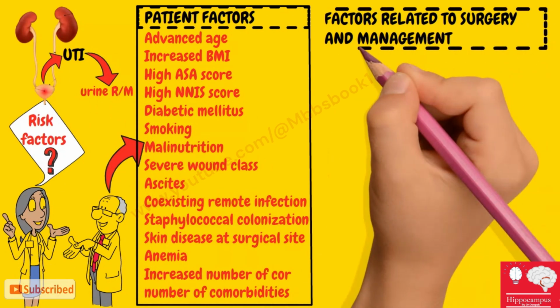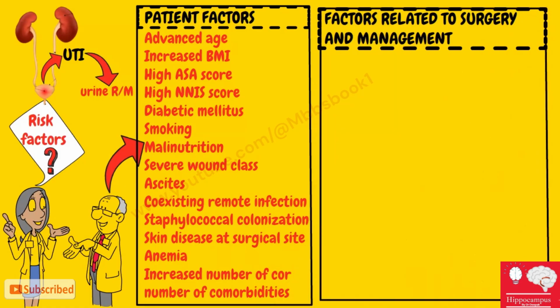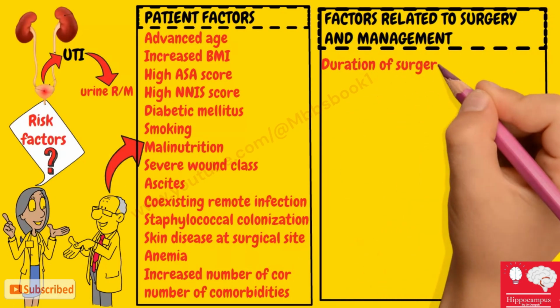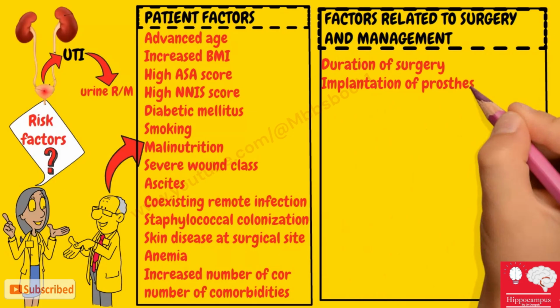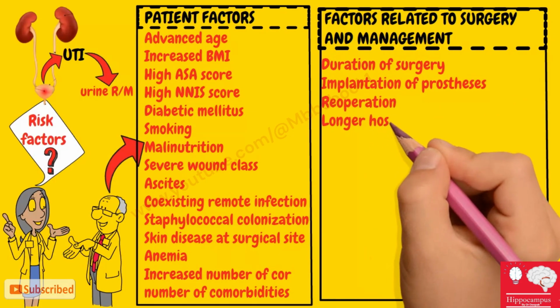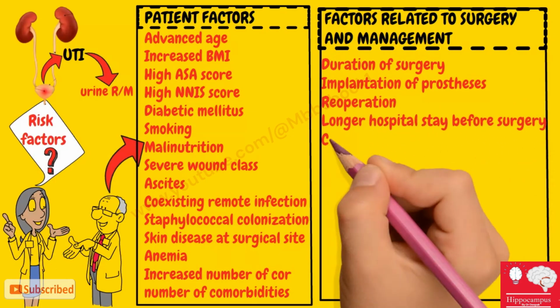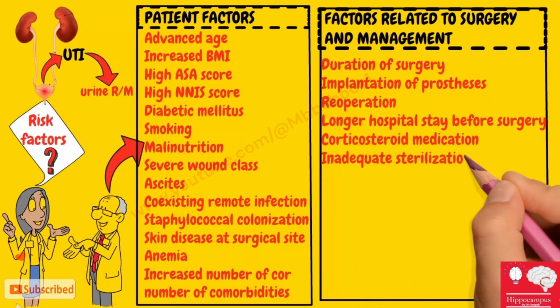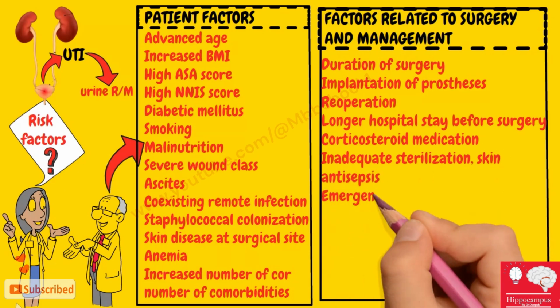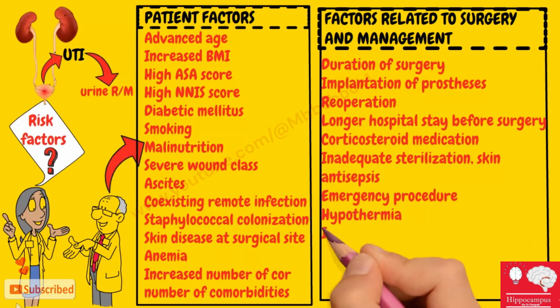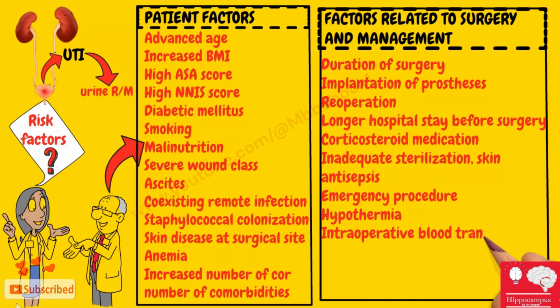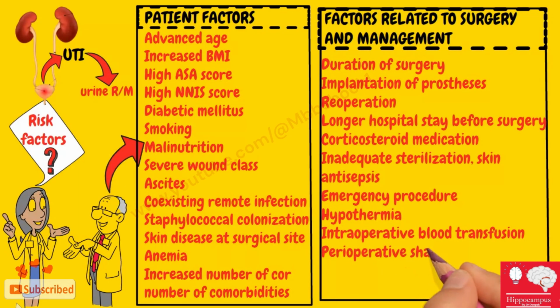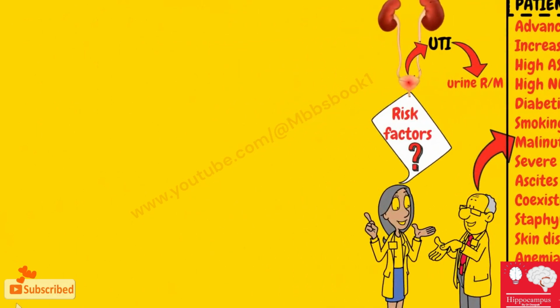Next, the factors related to surgery and management: duration of surgery, implantation of prosthesis, reoperation, longer hospital stay before surgery, corticosteroid medications, inadequate sterilization and skin antisepsis, emergency procedure, hypothermia, intraoperative blood transfusion, perioperative shaving, and failure to obliterate dead space. So these are the predisposing factors for wound infections.